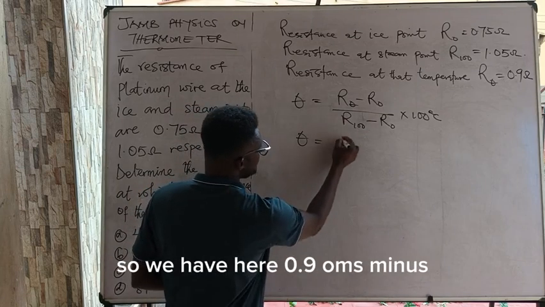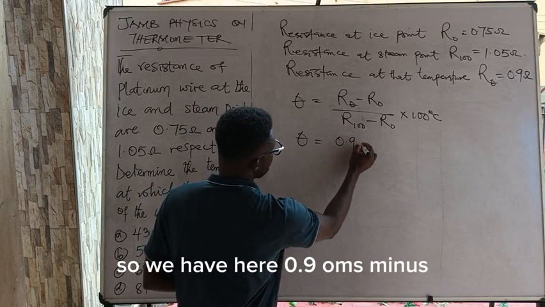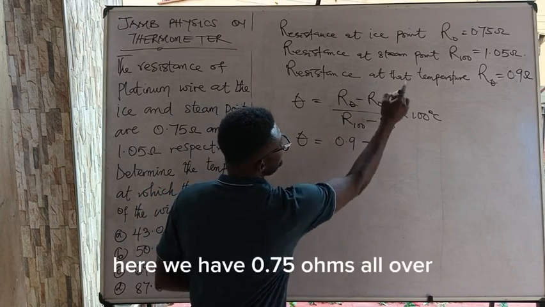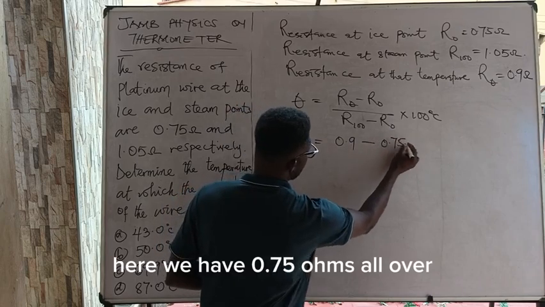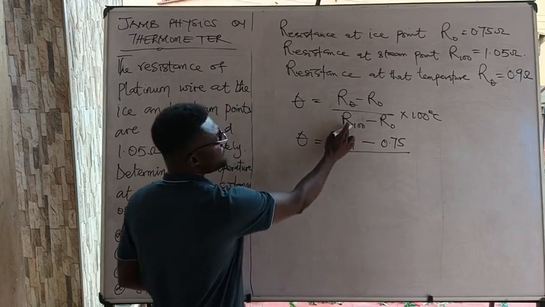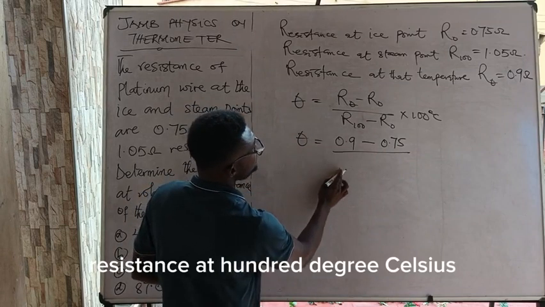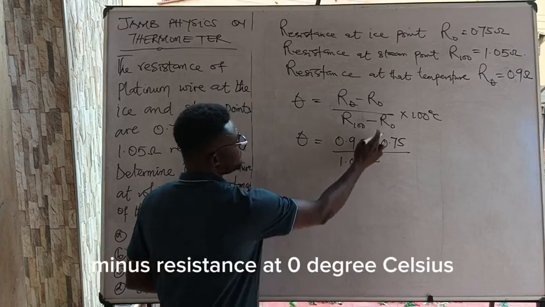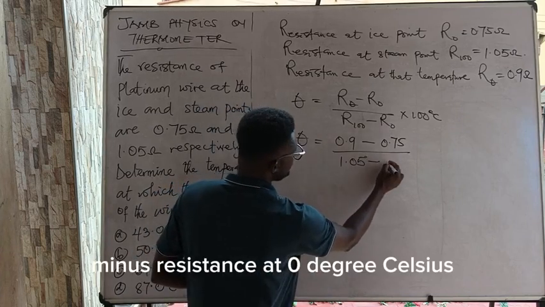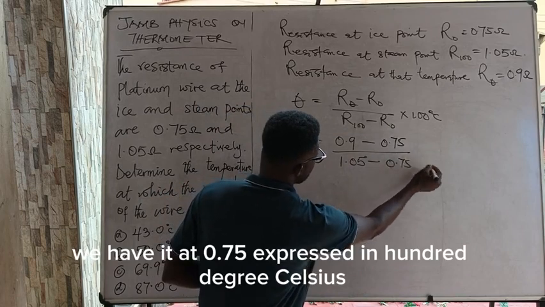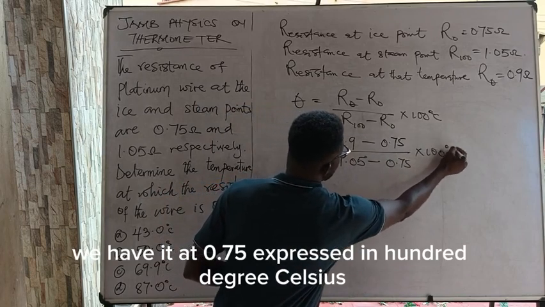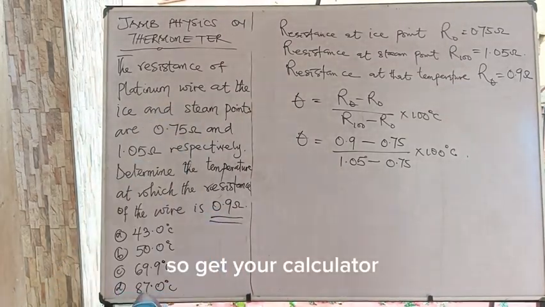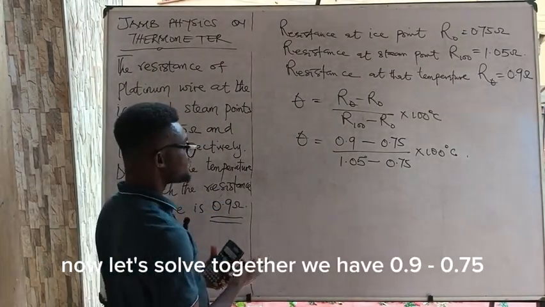So we have 0.9 ohms minus 0.75 ohms, all over the resistance at 100 degrees Celsius, we have it as 1.05, minus the resistance at 0 degrees Celsius, we have it as 0.75, times 100 degrees Celsius. So get your calculator. Now let's solve together.